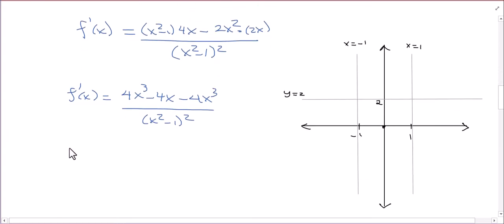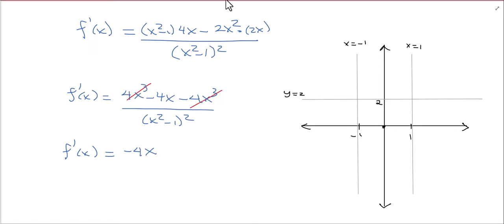And continue simplifying until we can find our critical numbers. Now here, notice that my cubes cancel, and so we're left with just negative 4x over our x squared minus 1 quantity squared. And now we can set this equal to 0.